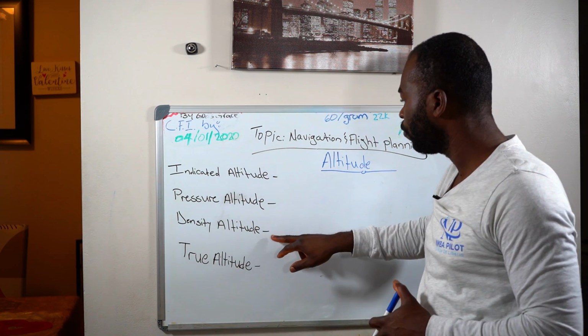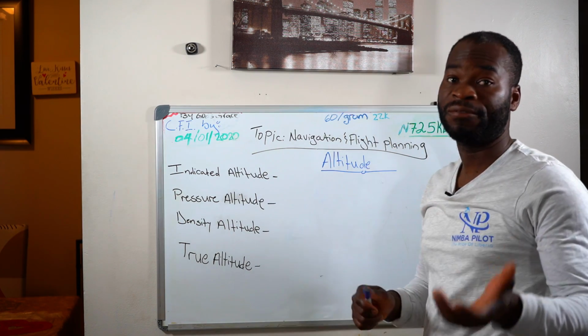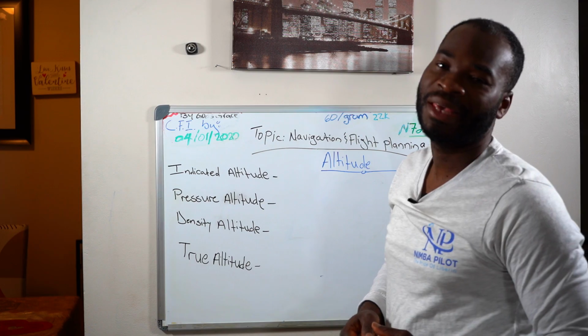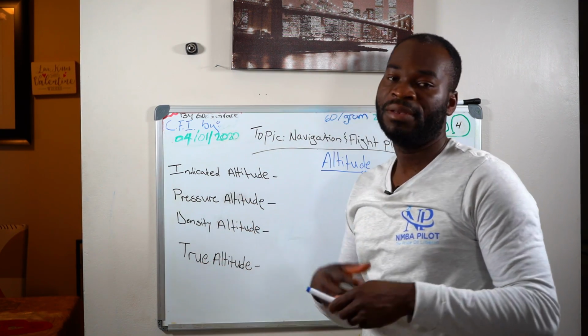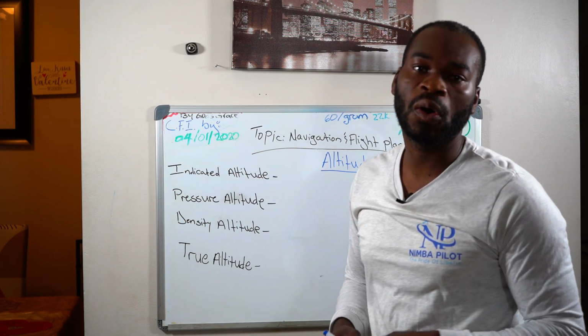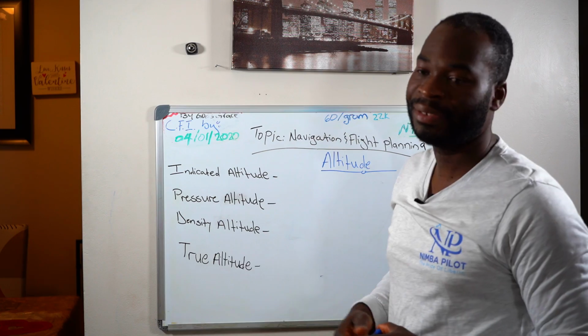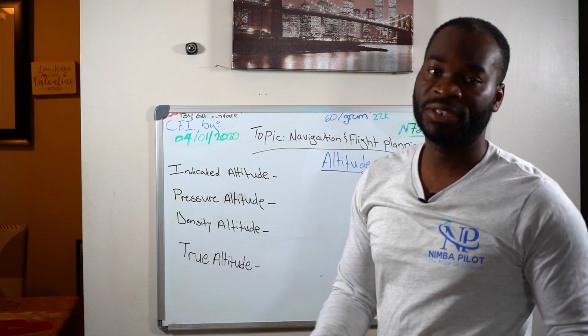So hopefully after today's video we won't be confused. But again, if you are not really getting this, go back and rewatch the video or leave a comment below and tell us what you really don't understand and what you need more explanation on.